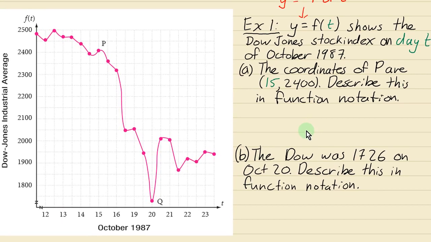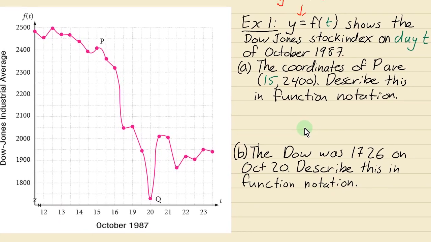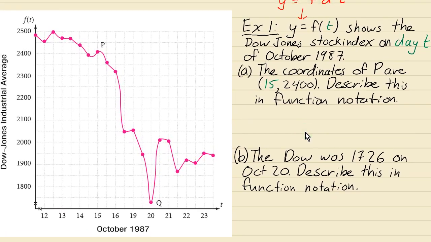So let's look at this example first. When we say the coordinates of P right here are 15 and 2400, that's this point here, that's P. What does that mean in function notation? So the 15 here is a value of t, because instead of the x-axis we have the t-axis here.